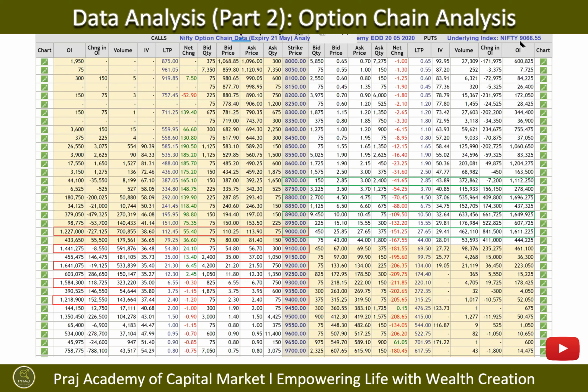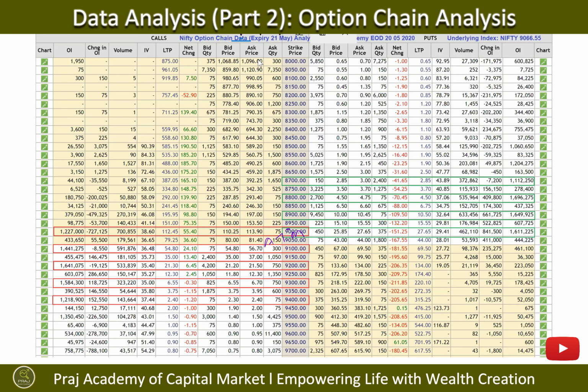Today, Nifty has closed at 9066.55, and by that virtue, we have got 9050 as our ATM. So we will consider this as ATM, and let's see what all is there in this option chain.